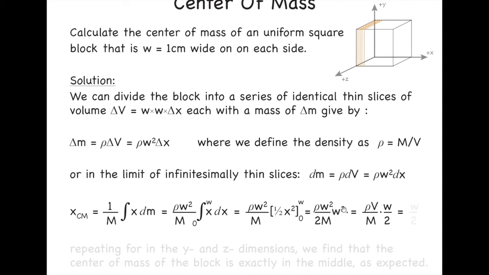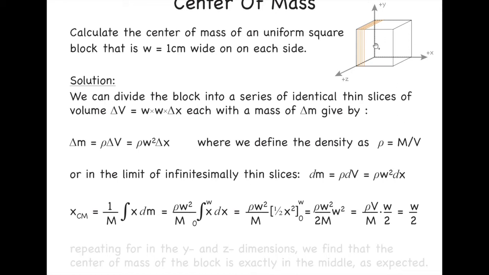Because if I pull one of the w's from this w squared and pull it up here, then I have a w down left over here, and I have a w cubed. The w cubed is the volume of the cube, right? So I have rho times the volume of the cube divided by m, but rho times V is just equal to m. Right? So this is just 1, so I'm just left with w over 2.